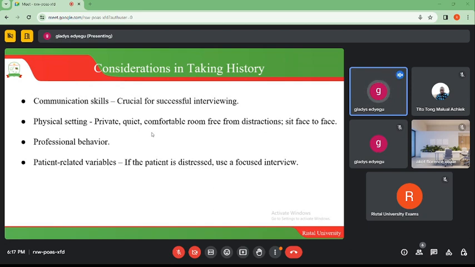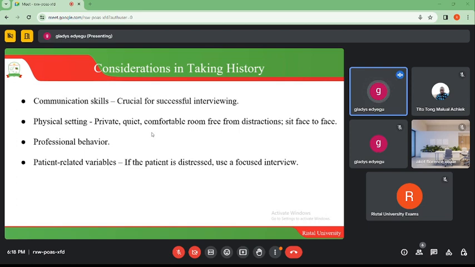The place has to be quiet and the room has to be comfortable, free from distractions, and you have to sit face to face with your patient and focus and be able to get the right information, because we have non-verbal communication. It can be facial expression, and if you're not sitting well or facing your patient, you may not be able to identify that this patient is expressing this and you may not be able to address such.